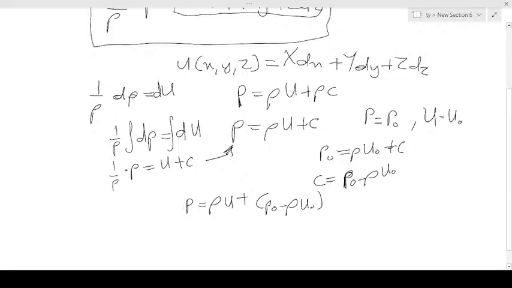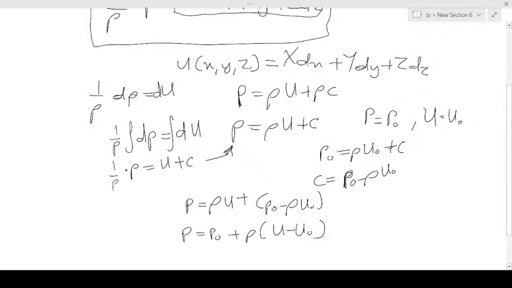So when we simplify this, we're going to have P is equal to P naught plus rho times U minus U naught. So this is the general equation of hydrostatics in integral form.